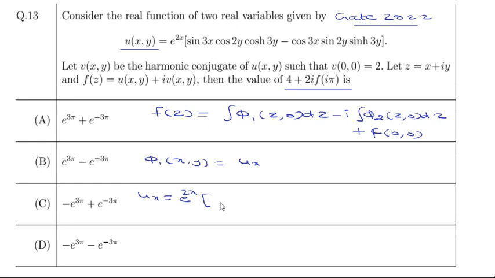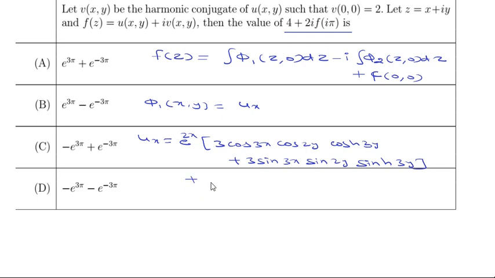So sin 3x, when we differentiate, we will get 3 cos 3x cos 2y cosh 3y, minus, so differentiation of cos 3x will be minus 3 sin 3x, so it will become plus 3 sin 3x sin 2y sinh 3y, plus 2 times e power 2x into the same thing.